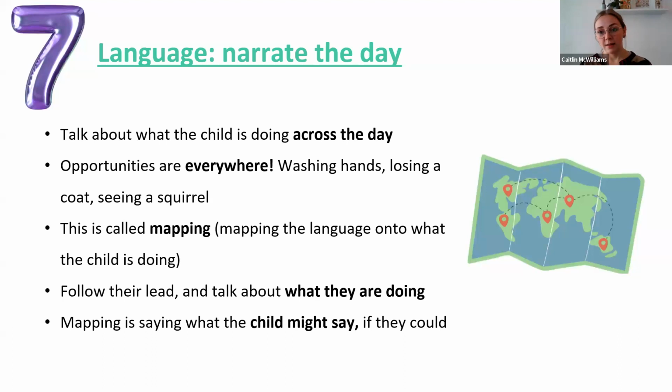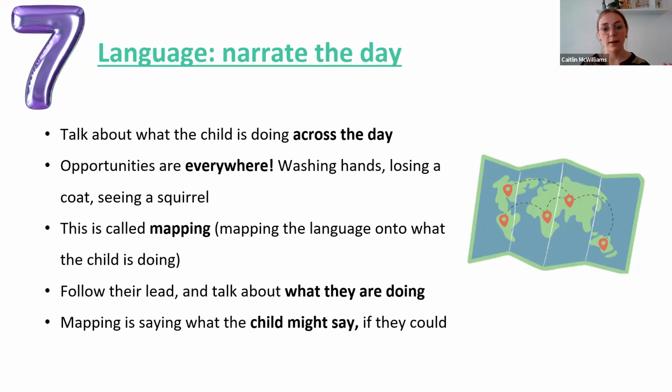And there are absolutely tons of examples and opportunities that come about, whether they're planned or not planned. So things like washing your hands, losing a coat, seeing a squirrel, all of those can be really rich language opportunities. And we call this mapping.